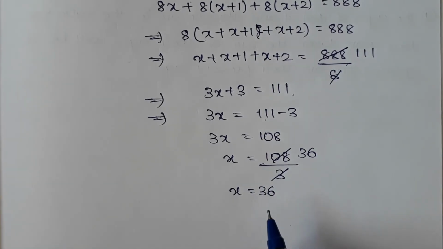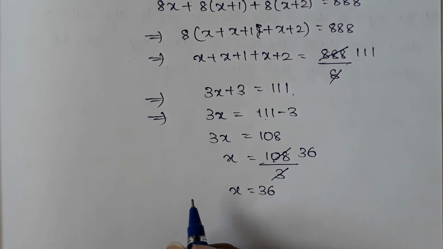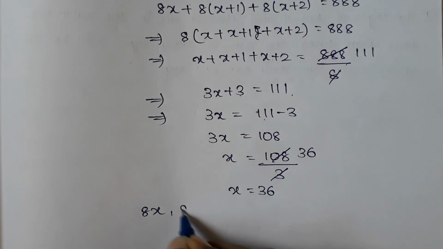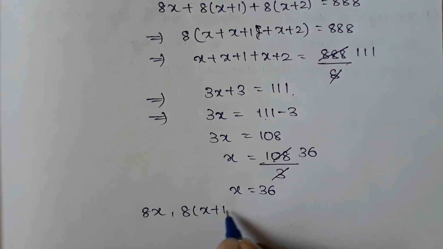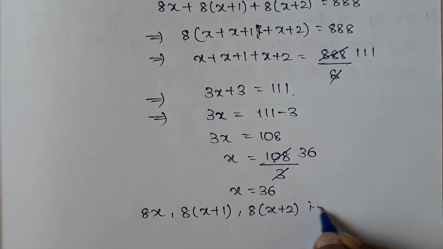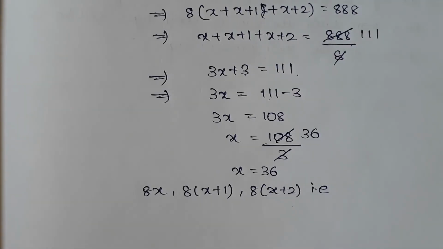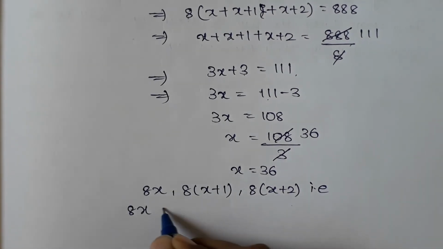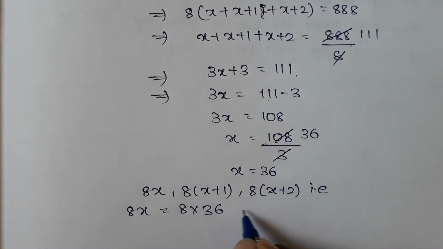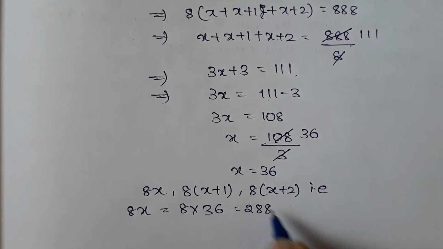Now the other consecutive multiples. Now let us see the consecutive multiples of 8, that is 8x, 8 into x plus 1, 8 into x plus 2. 8x equals 8 into 36 equals 288.